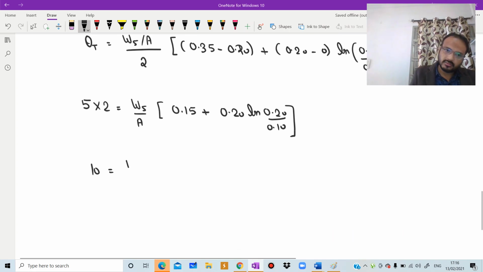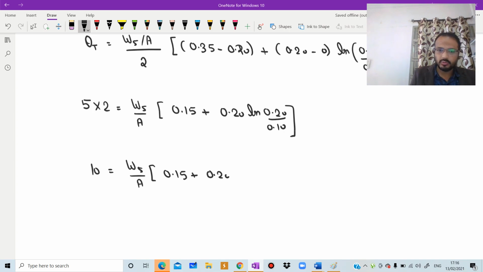10 is equal to Ws by A times 0.15 plus 0.20 ln 2.